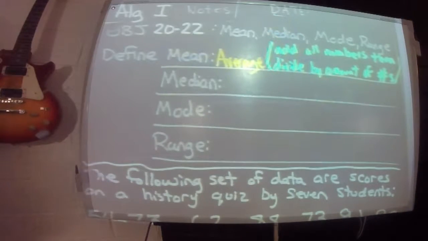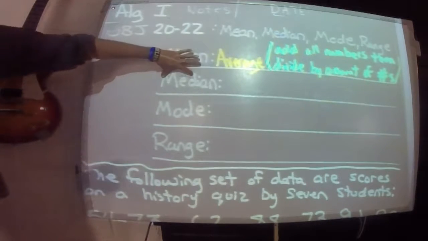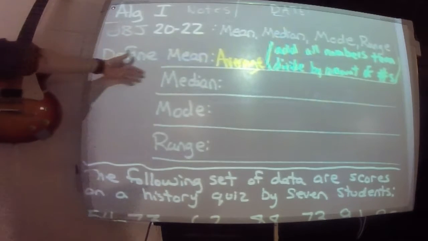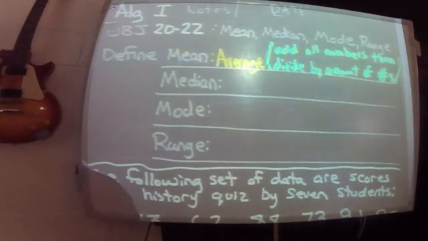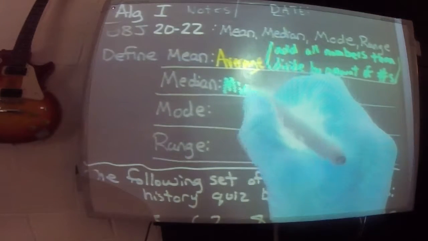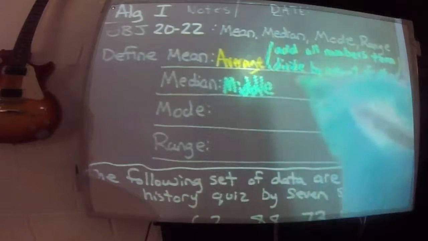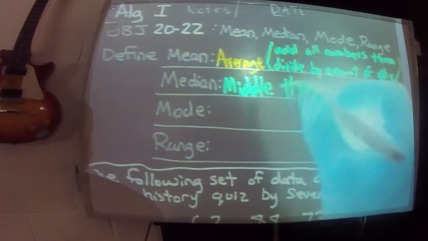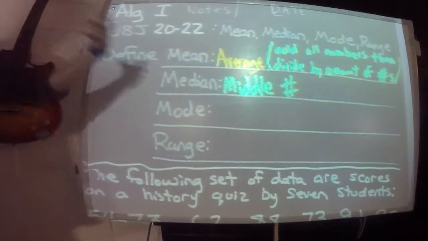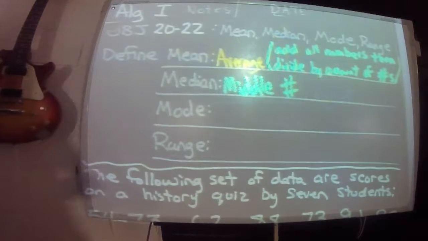Now, median. Middle. I think of like the MED. Median, and then median kind of sounds like middle as far as these words go. So median is the middlemost number. So put middle. However, when you're given a set of data, it's not necessarily the middle number that you see.